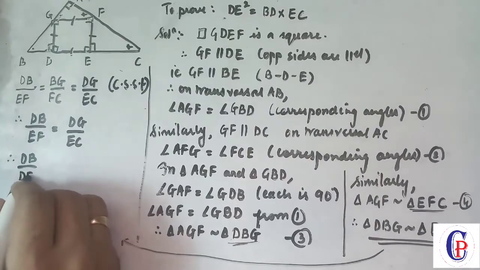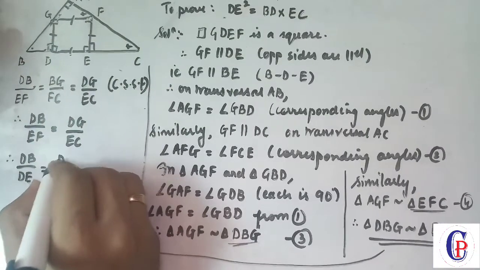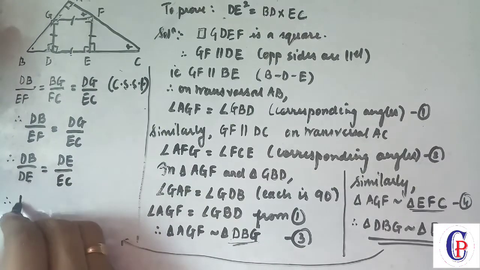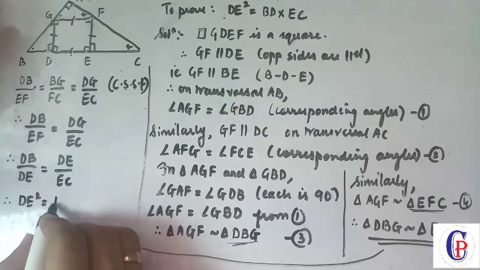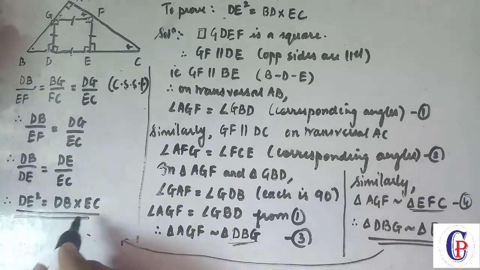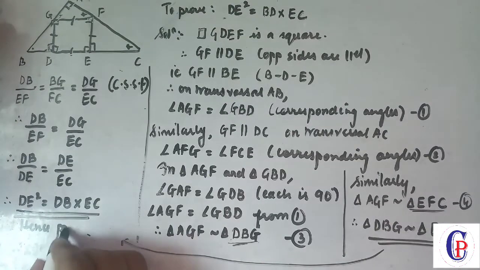So let us write here DE. This DG is also equal to DE because DG is also side of square. So again DE, and this EC. Now if you cross multiply this, you will get DE square is equal to DB into EC. So this is our final answer, hence proved.